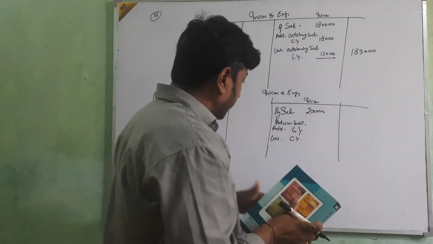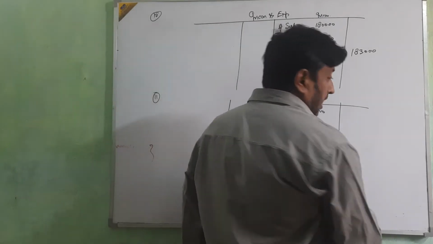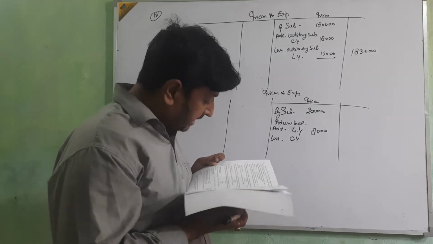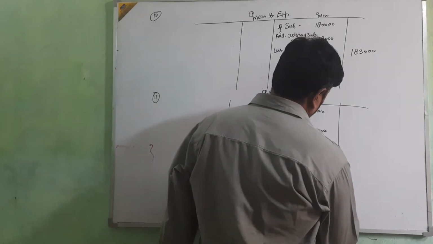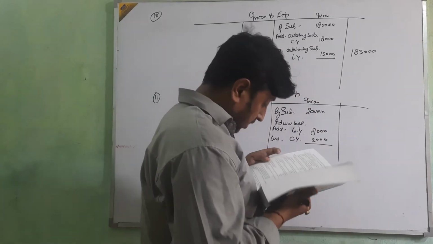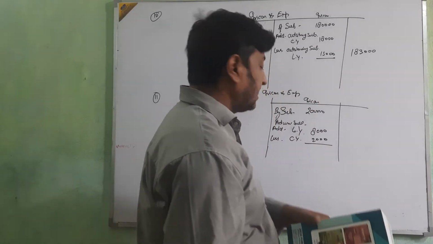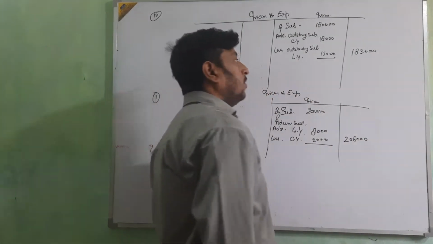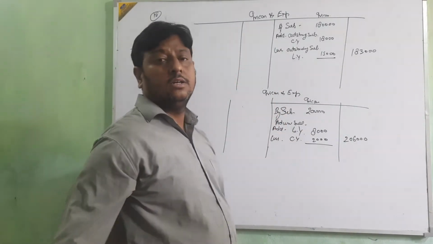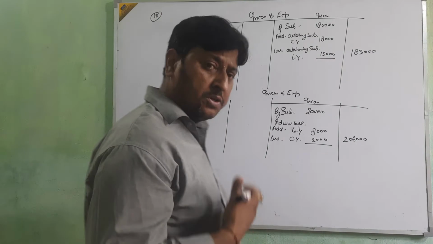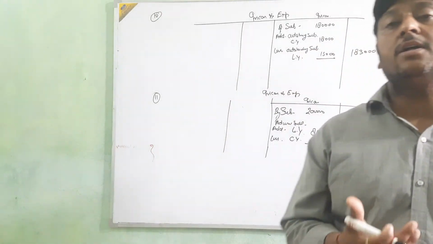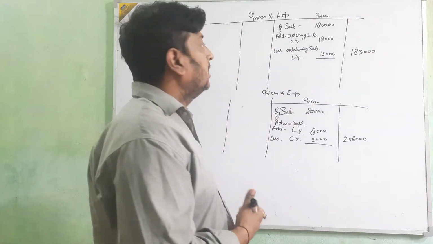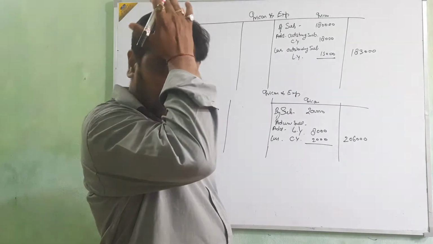So 8,000 for last year and 2,000 for current year. Current year will be less and last year will add, then 2 lakh 6,000. We are not going to total all this; in this question we learn how to show this subscription with its adjustment in the income and expenditure account. Clear?